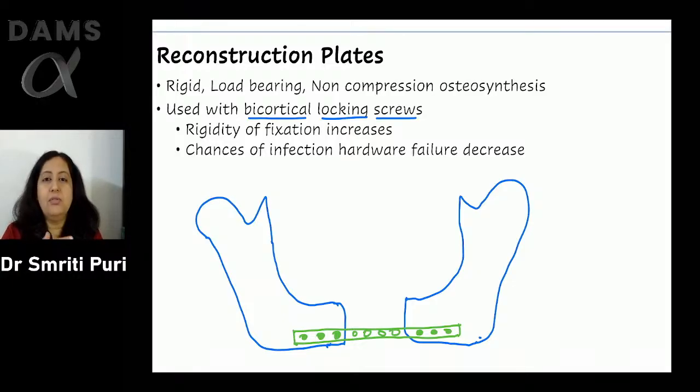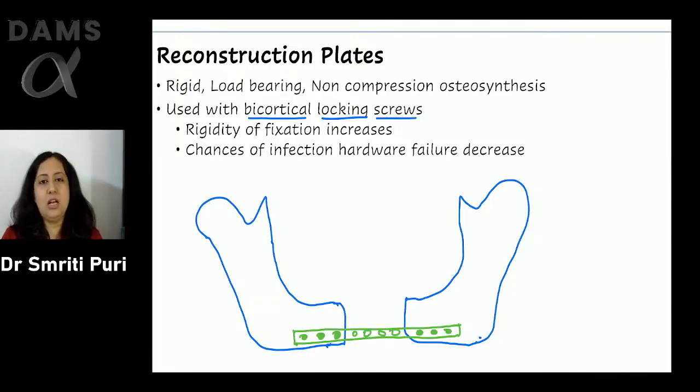So we give a very good layer by layer closure. This is done to prevent exposure of the plate in the post-op period, after a few months, few years, whatsoever. So good soft tissue cover to prevent exposure or exteriorization of the plate in the future. This is one principle of reconstruction plate.